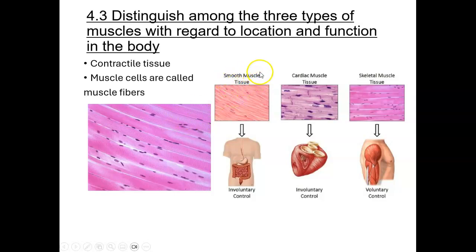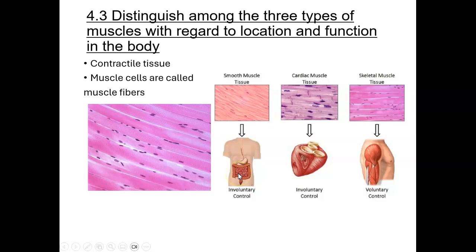But what I want you to know is smooth muscle tissue is found in our organs. And it's found in things like our esophagus, the tube that carries food from our throat to our stomach. Our stomach moves and churns up food because it has smooth muscle. Our intestines move food along and have smooth muscle.